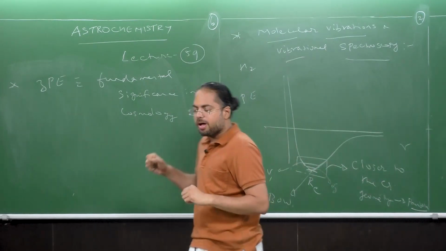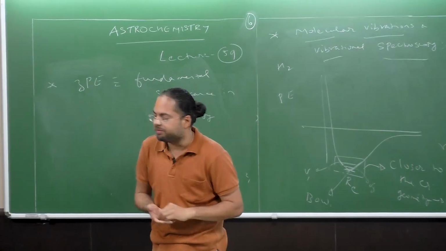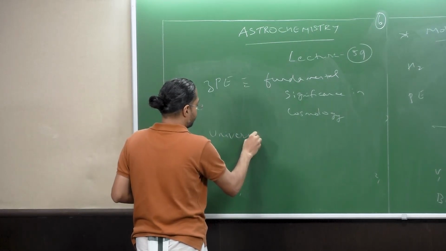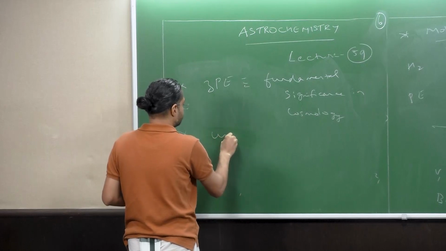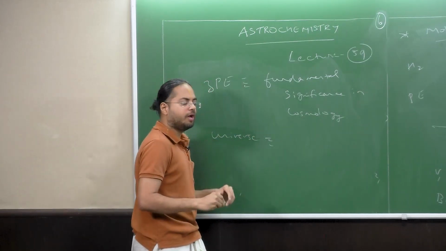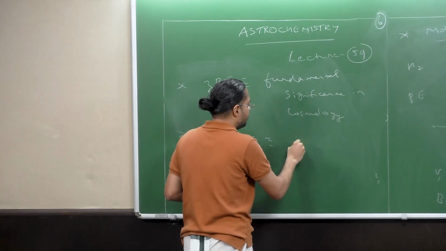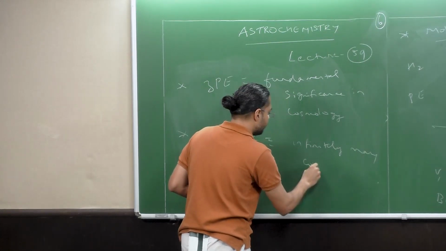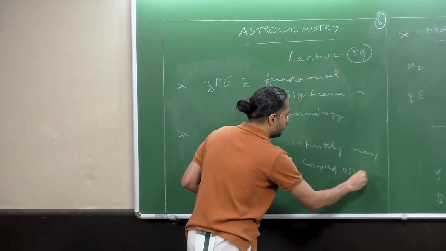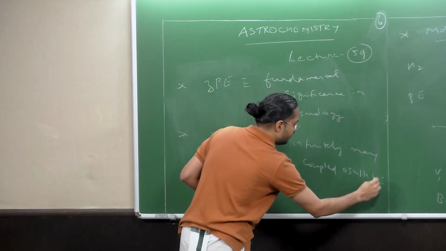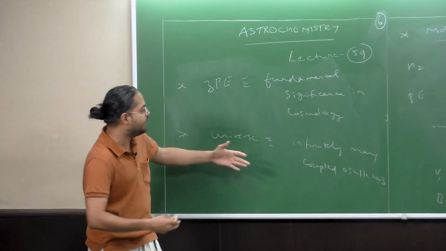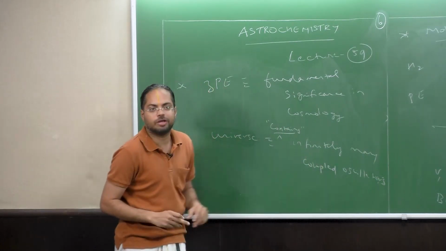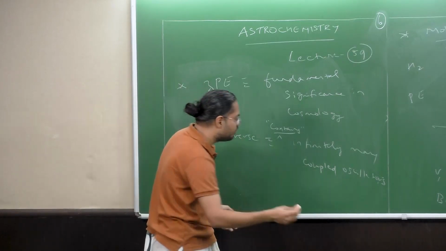Now, the entire universe could be thought of as containing infinitely many coupled oscillators, which constitute what is called the electromagnetic radiation.